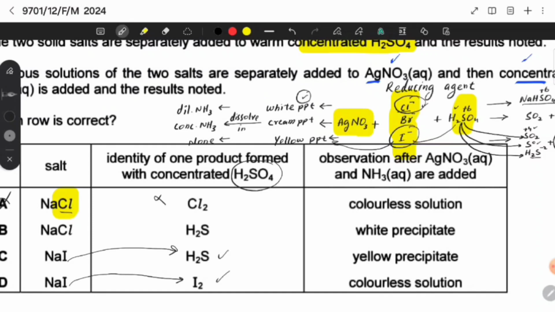If you add concentrated ammonia, the cream precipitates of bromide can dissolve, but the precipitates of iodide, because of the silver iodide, those yellow colored precipitates will not dissolve in either dilute ammonia or concentrated ammonia.